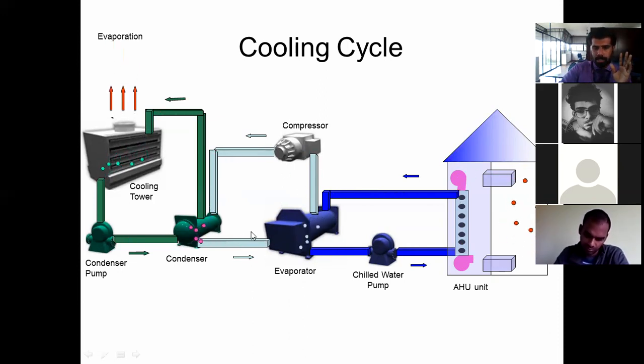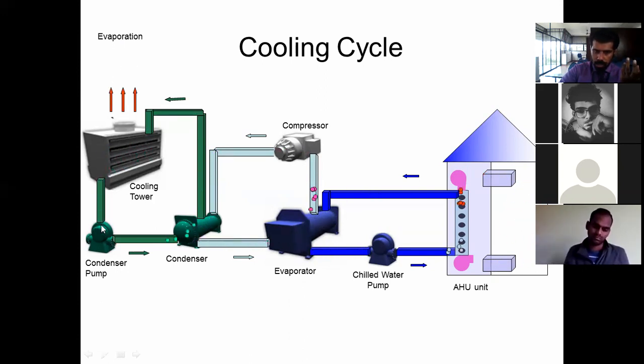Just think about this: refrigerant is passing through this. This cold refrigerant should be converted to hot refrigerant. It is already converted to hot refrigerant by this hot water. Now this hot refrigerant should be converted to cold refrigerant by the help of this cooling tower.